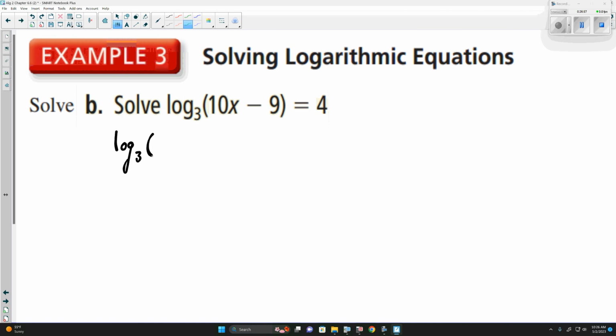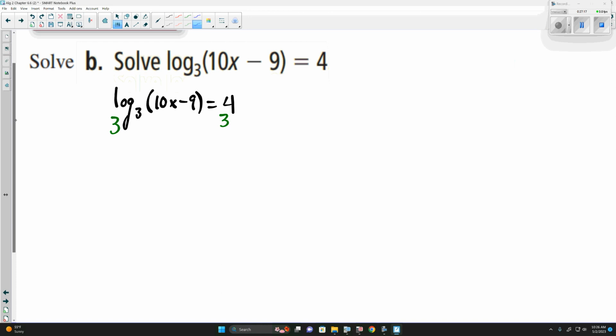Log base 3 of 10x minus 9 is equal to 4. So what can we do first? We can put both sides to the base of 3, because 3 to the log base 3 will cancel, leaving us with 10x minus 9 is equal to 3 to the 4th, yes?